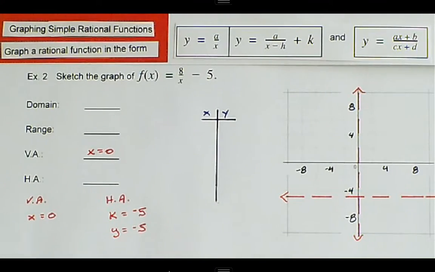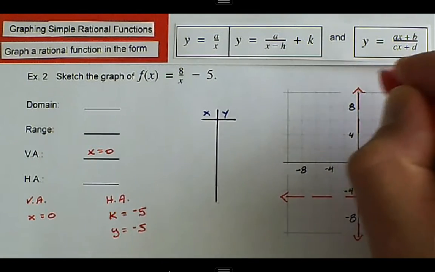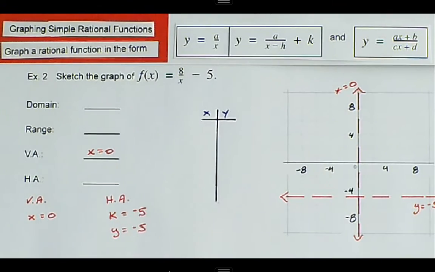So after we have those lines, then we can think about what points we want to use in order to get a better graph of what the hyperbola will look like.